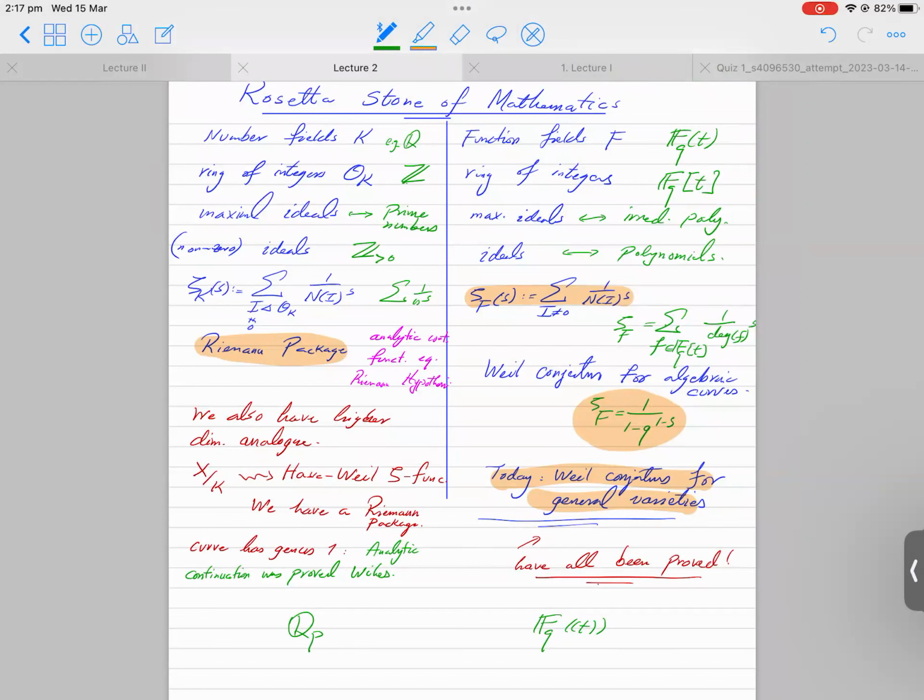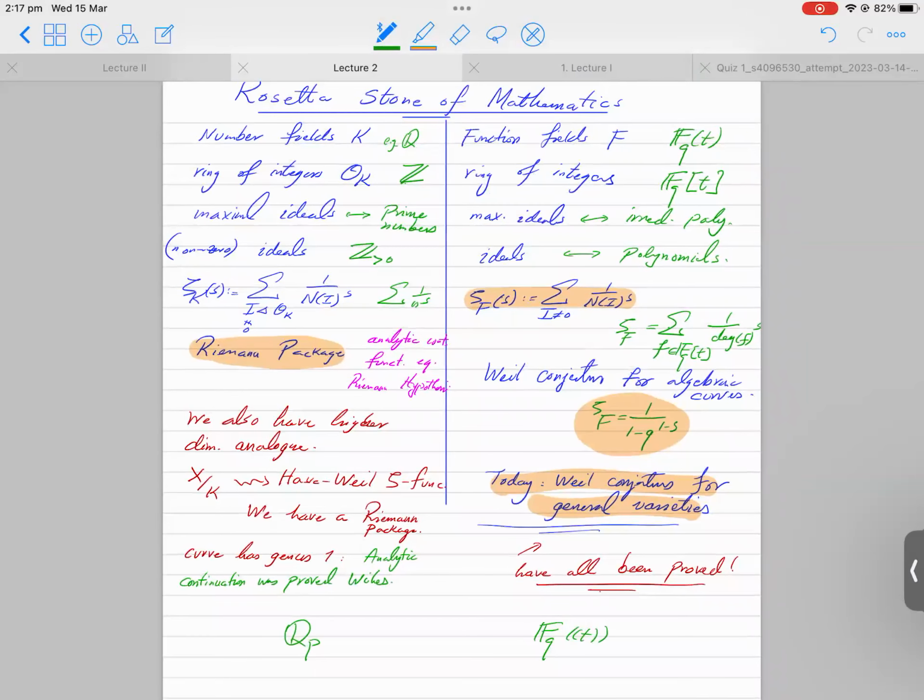Rosetta Stone. Okay, so there are two questions I want to discuss. One is, is there a direct way we can relate the two columns? Because that would be really powerful, right? One comment first is that what makes the right-hand side easier is the existence of geometry. There is a geometry controlling the right-hand side, and the geometry controlling the left-hand side is a mystery.